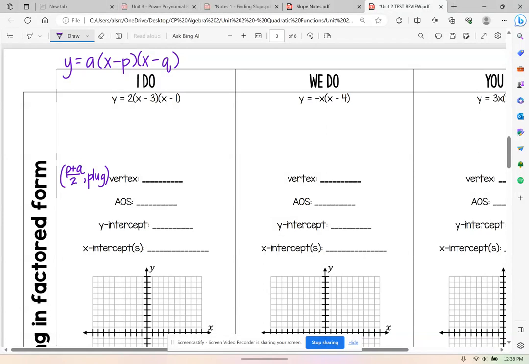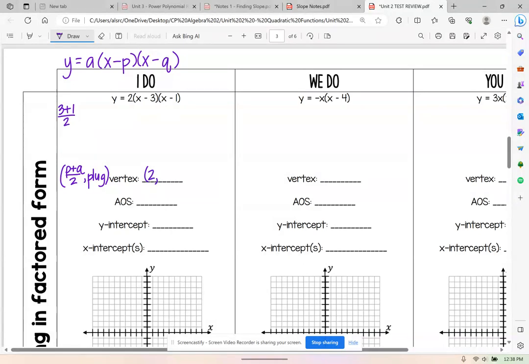What's p? It's 3. It's just like that h. You got to split the sign. So it's going to be 3 plus what? 1. And then divided by 2. 3 plus 1 is 4. 4 divided by 2 is 2.